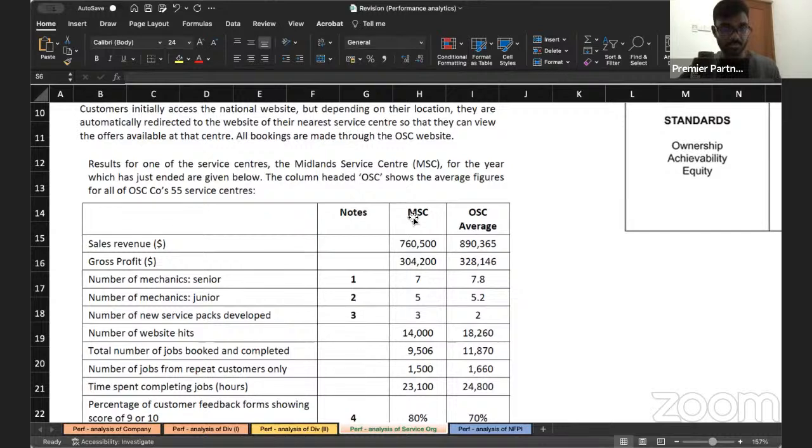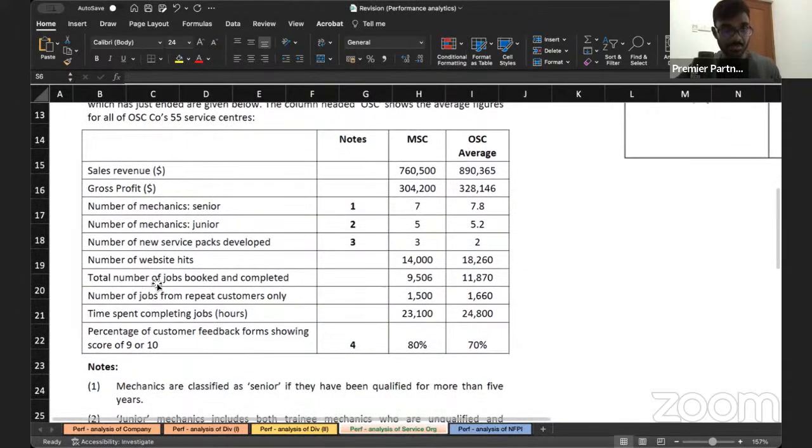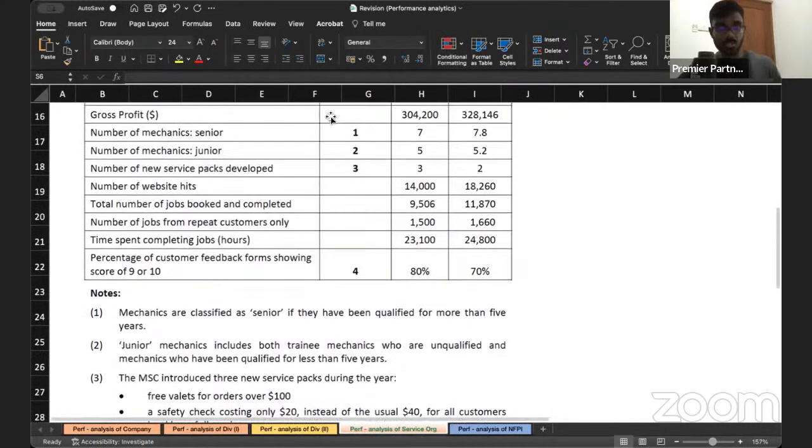So you take your center. This is the OSC average. You average up everything. Revenue, gross profit, number of mechanics, senior, junior, new packs developed, website hits, number of jobs booked and completed, number of jobs from repeat customers, time spent completing jobs, percentage of customer feedback. Okay.